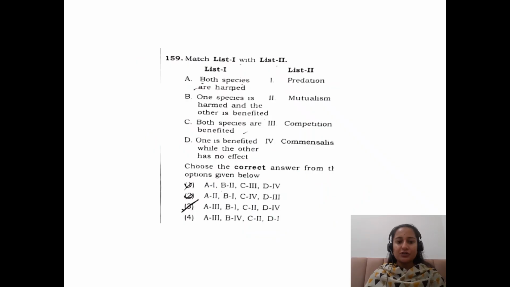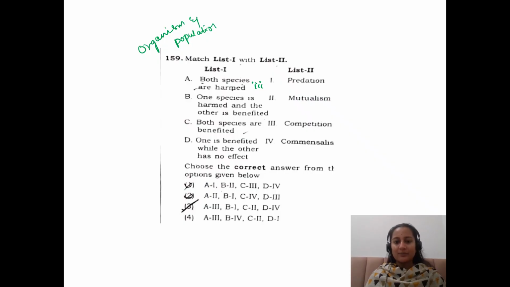Yeah, so this question is from organisms and population. Match the following types. We have the different types of interactions: predation, mutualism, competition, commensalism, amensalism. Both the species are harmed in this, so obviously during competition both species will be harmed.